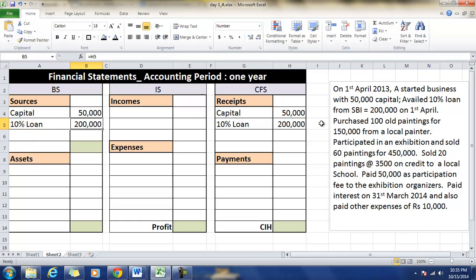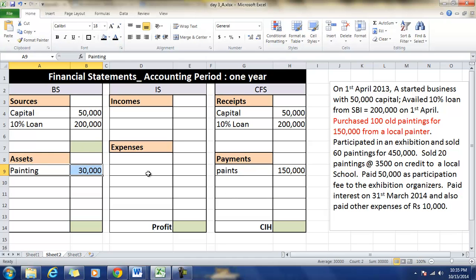Then we use this cash to purchase 100 old paintings for 150,000 from a local painter. So you can see that in this case we paid money, there is a cash outflow, a payment of 150,000 for paintings on this date, and therefore I created an asset.